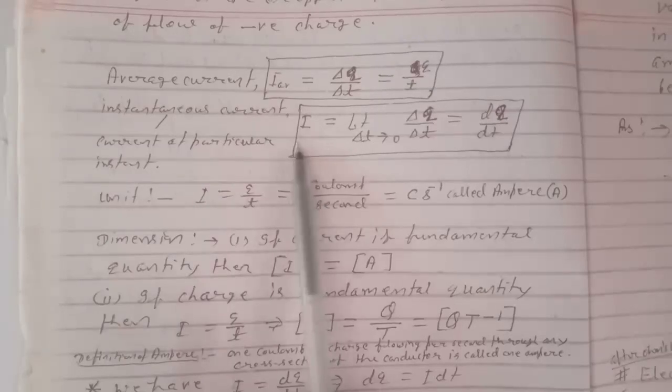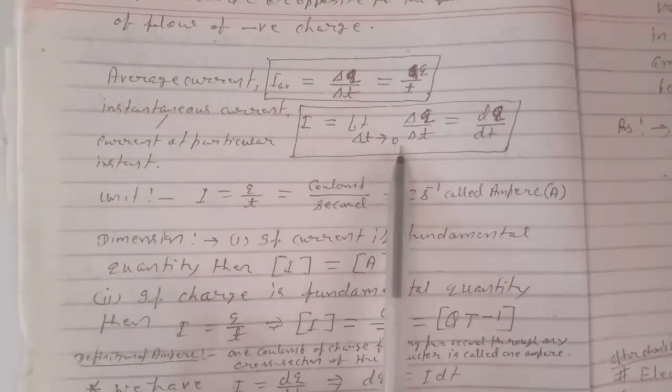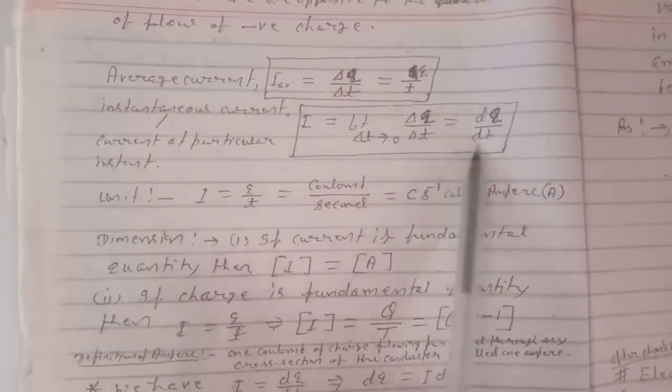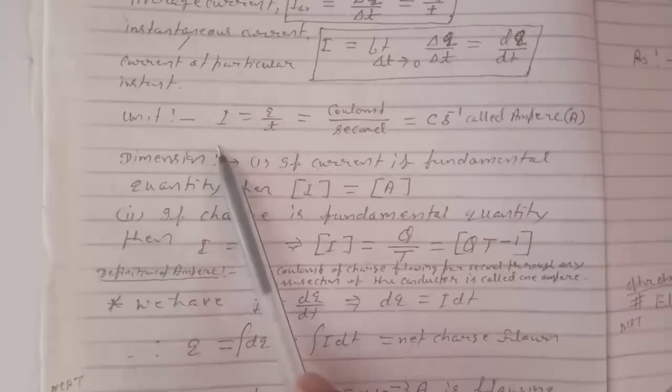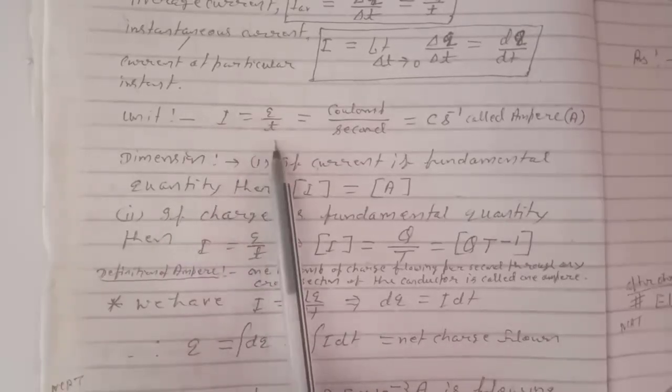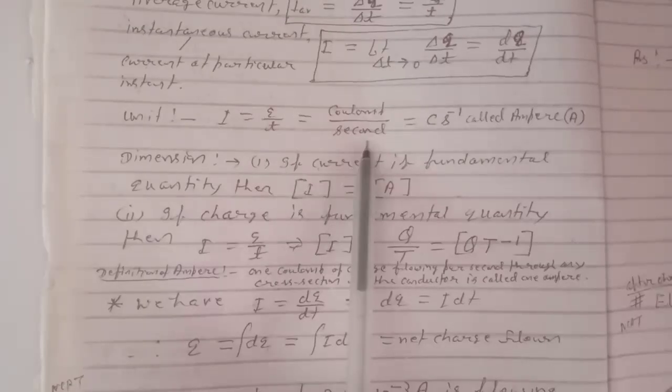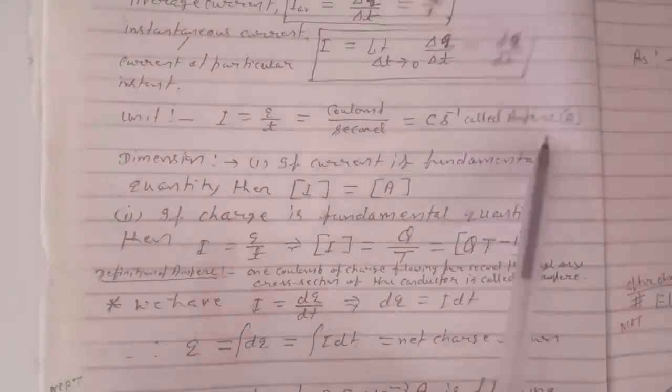It is given as I equals limit delta T tends to 0 of delta Q by delta T, equals dq by dt. Unit of current: because we have I equals q by t, and the unit of q is coulomb and of t is second, the unit is coulomb per second, called ampere.